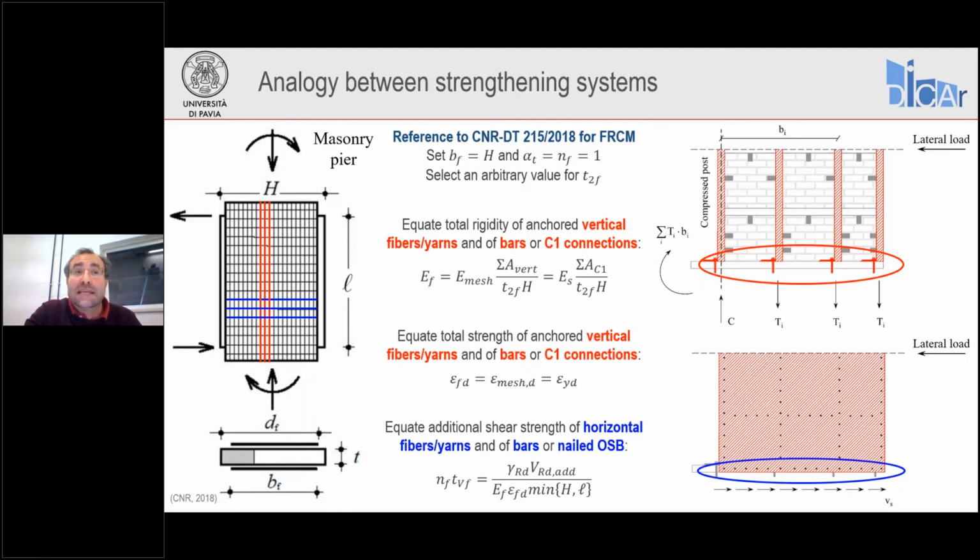And also we can take advantage of modeling techniques that are already available, for example, in Tramuri, to model this FRCM or FRCM equivalent solution in our three-dimensional building model.